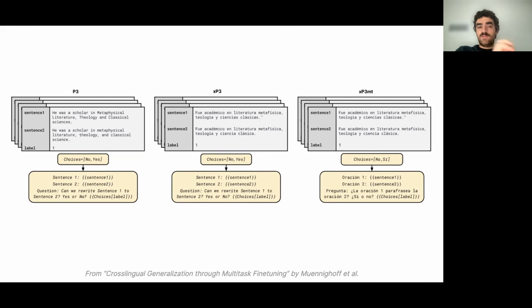And so we built three variants of P3, which is the collection of prompted data sets we built for the prior work for T0, and the two additional variants that we built either just created templates for multilingual data sets or created prompts that were not in English. Okay, that's shown on the right there. So we also would hope that if we have a multilingual model, we could make our requests not in English.